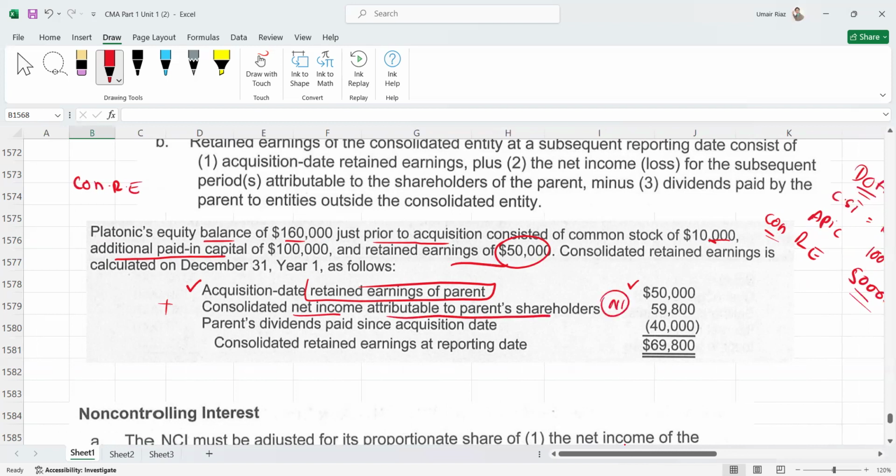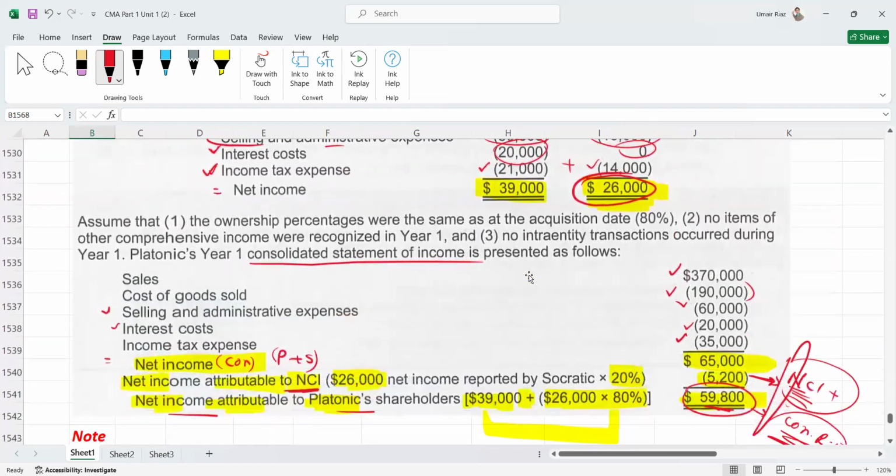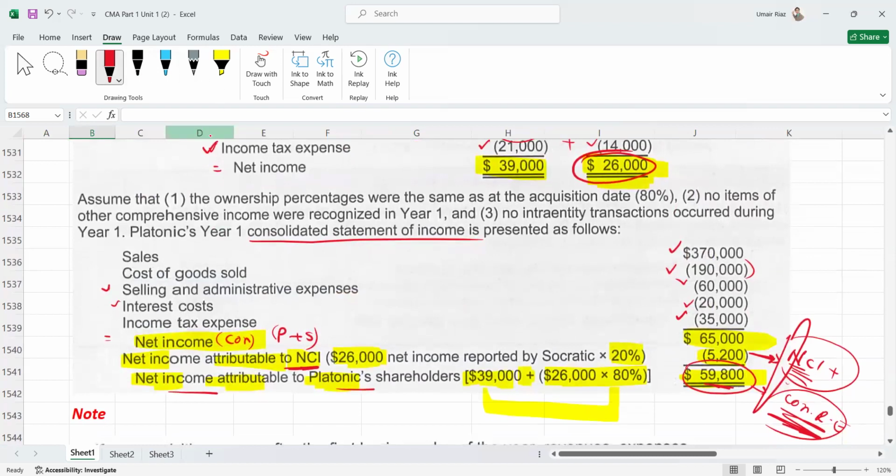We already calculated this figure: net income attributable to the parent shareholder, which includes the parent's net income plus the controlling percentage from the subsidiary. This was 59,800, and we add it there.